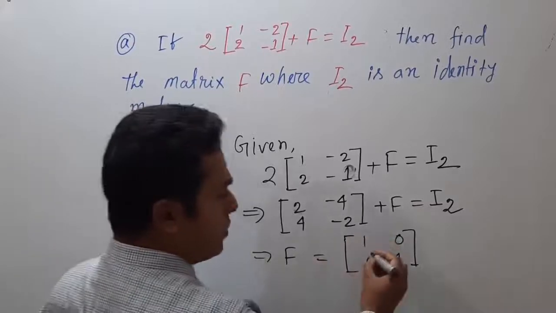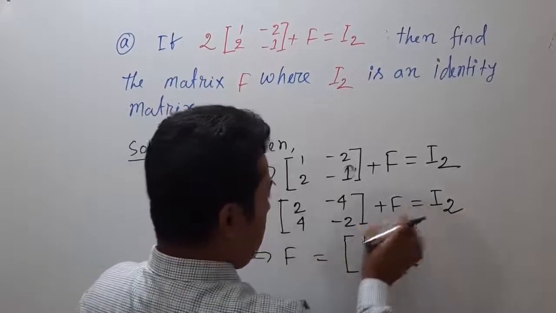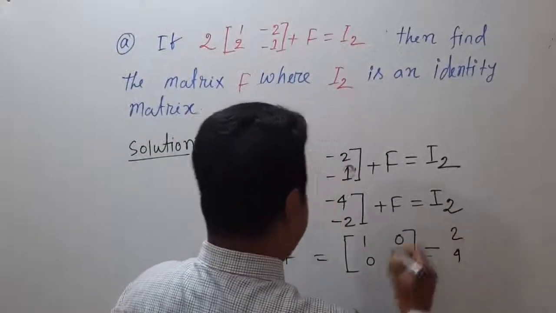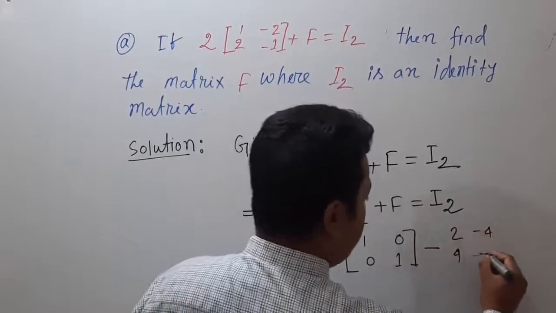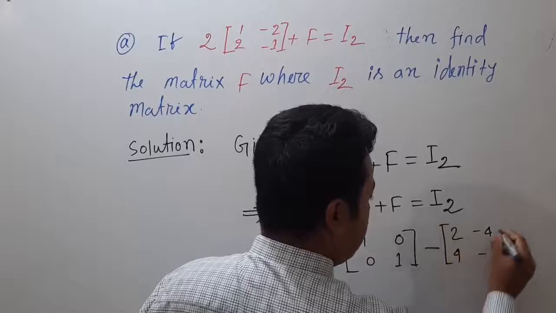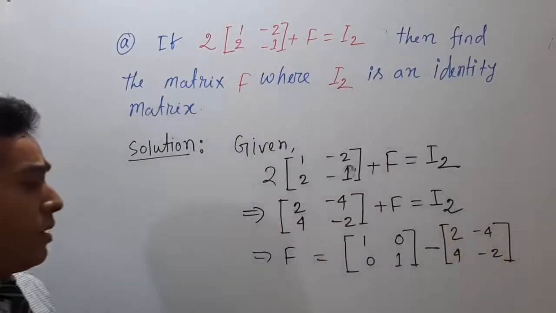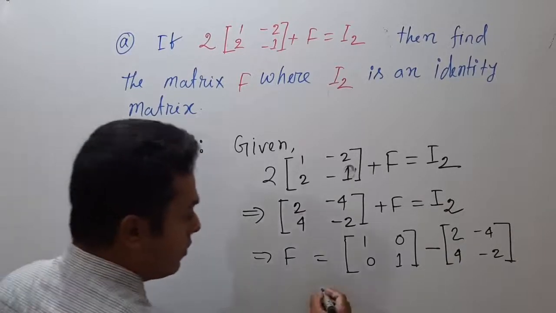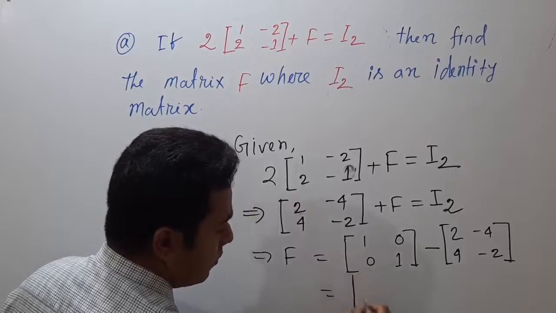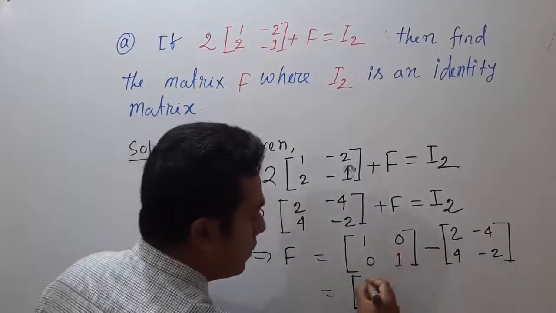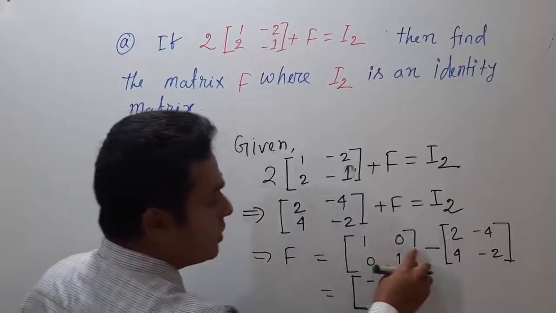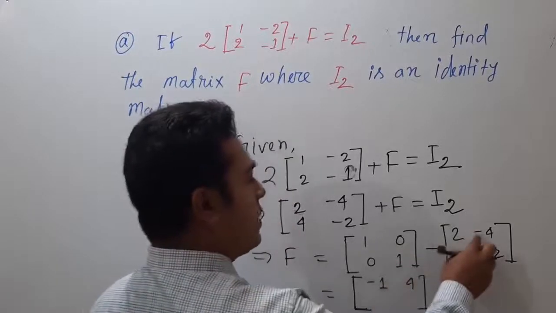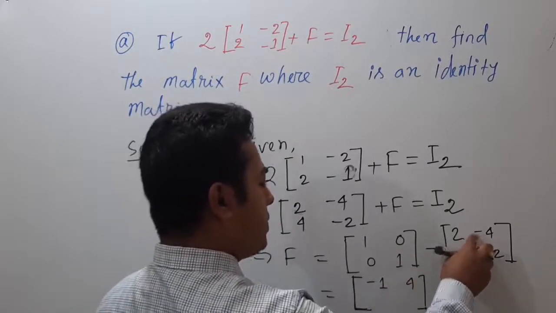F is equal to minus of this matrix 2 4 minus 4 minus 2. Then 1 minus 2 is equal to minus 1, and 0 minus of minus 4 is equal to 4. It will be plus, because minus multiplied by minus is plus.